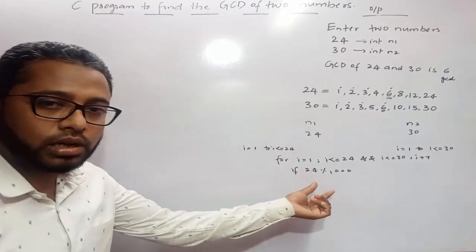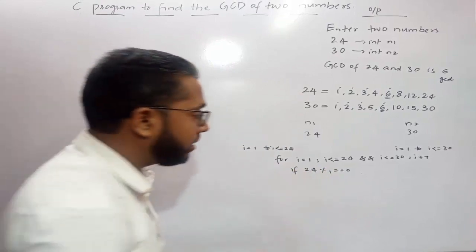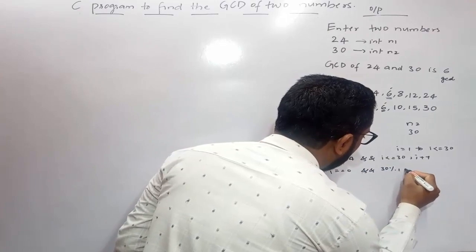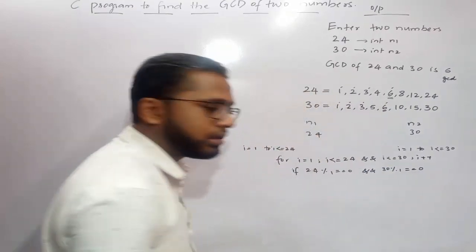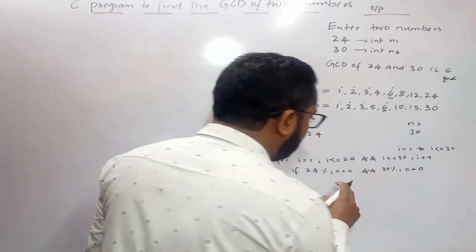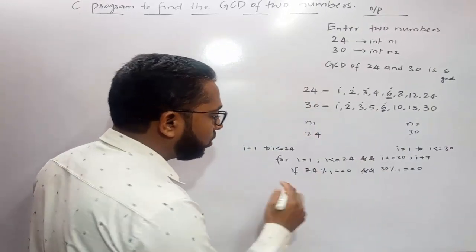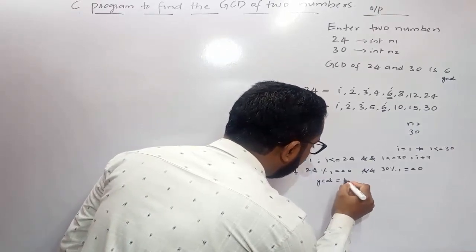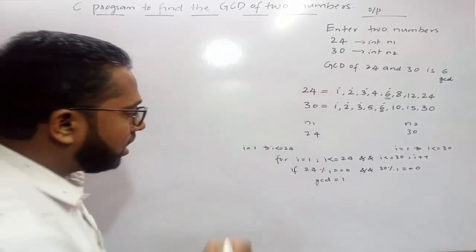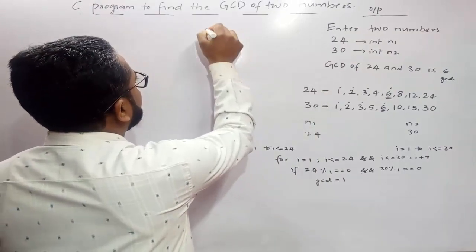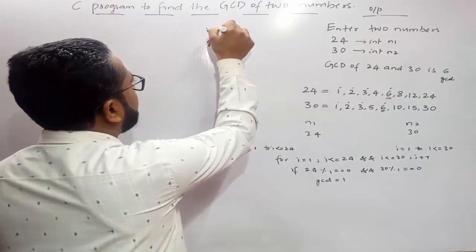Yes, this will give 0 as the remainder, and 30 mod 1 is equal to 0. Yes, this also gives 0 as the remainder. That means both of these numbers give 0 as the remainder, so we will store this value of 1 inside the GCD. Now the GCD has the value 1 for I equals to 1.